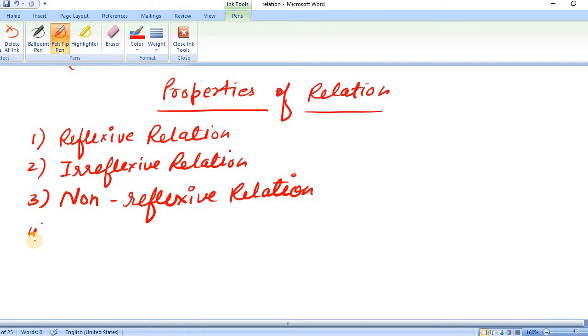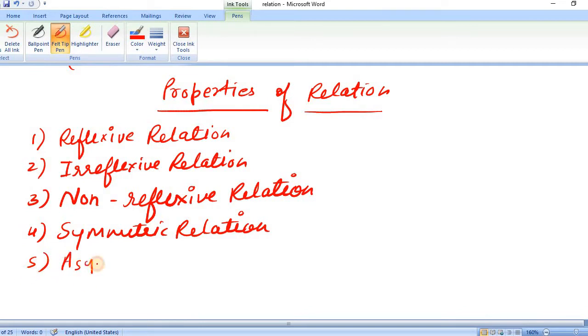And after that we have the next group, which is the fourth one. We say symmetric relation. And then the fifth one we have asymmetric relation.